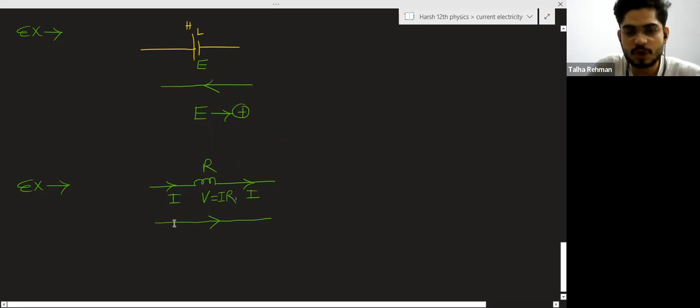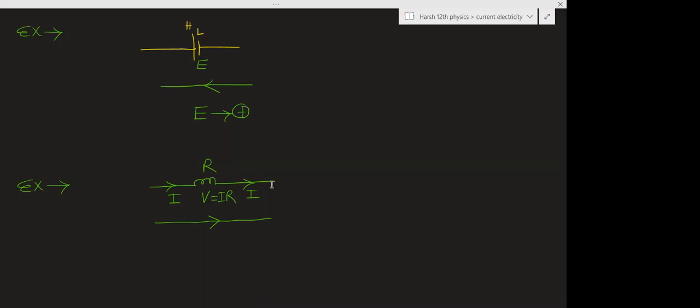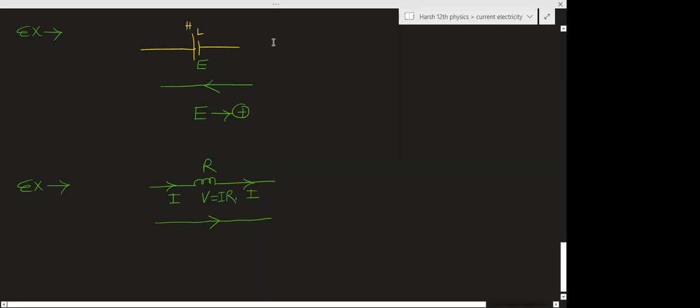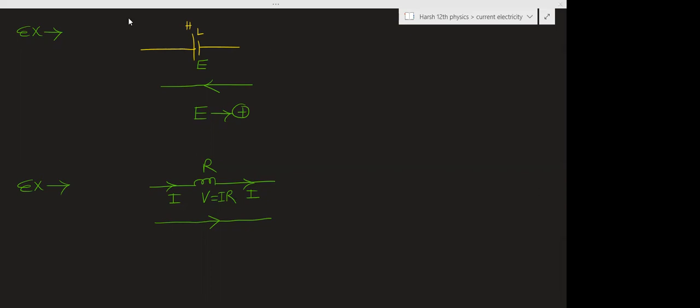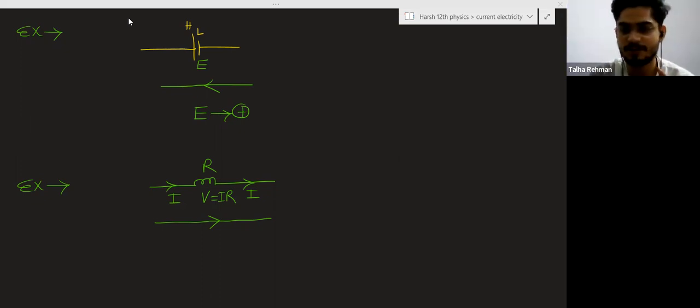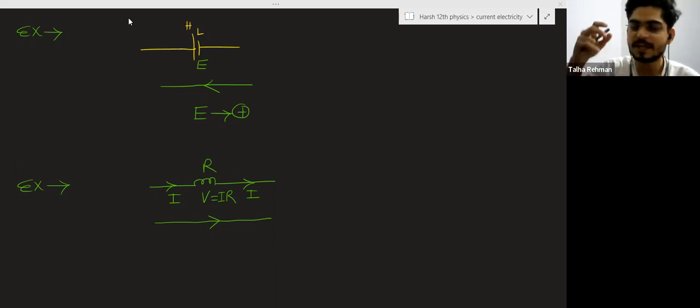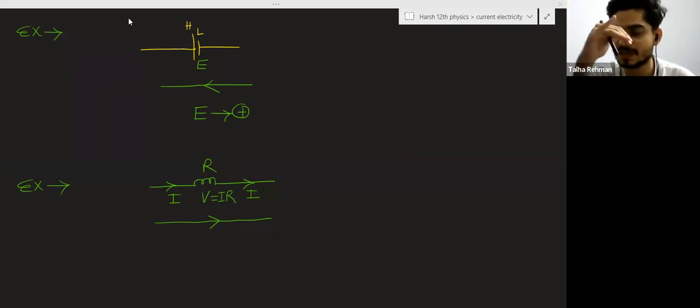We already know that current always flows from higher potential to lower potential. I am not telling any rocket science, this is a very basic and simple thing.